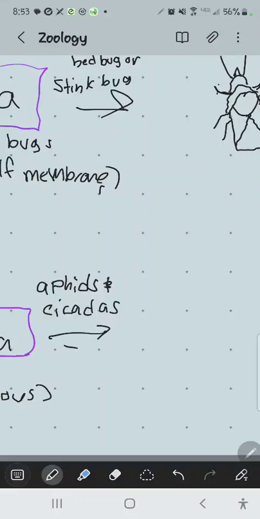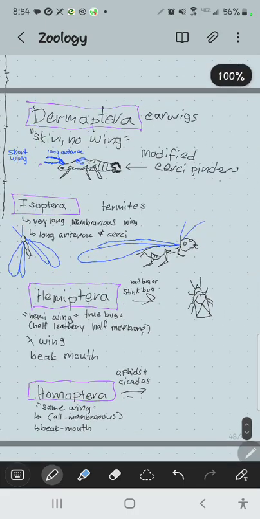And that call basically is they have these sound producing structures where they can kind of squeak their abdomen with this kind of shrill squeak. But so anyway, cicadas are a good example of what a Homoptera is, but also aphids, mealybugs, etc. So a lot of plant parasites there.